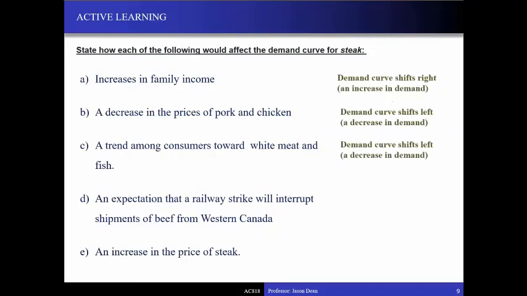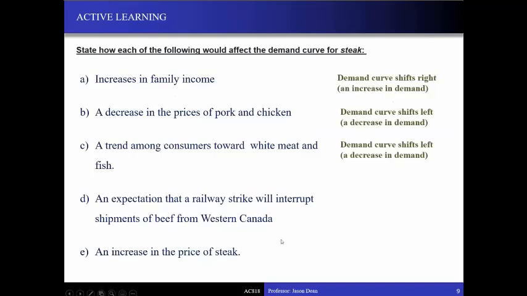Because people are getting their satisfaction from meat, and they're more interested in healthier white meat and fish rather than steak. So preferences are changing such that people are not interested in steak as much.